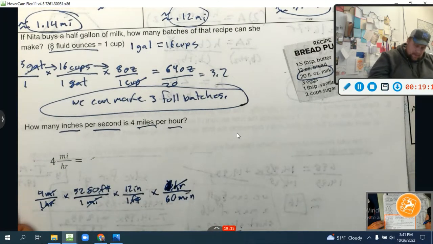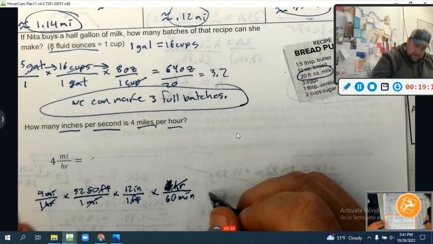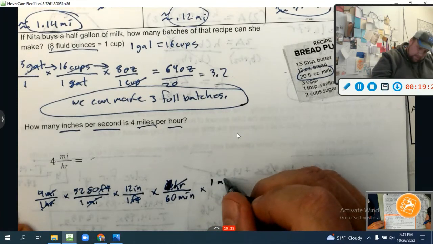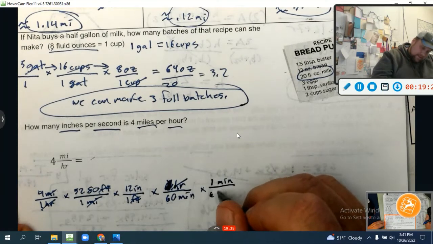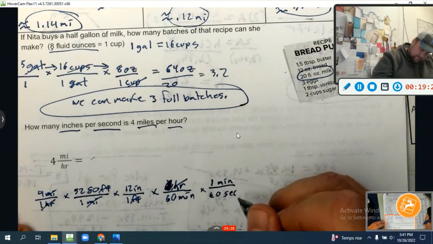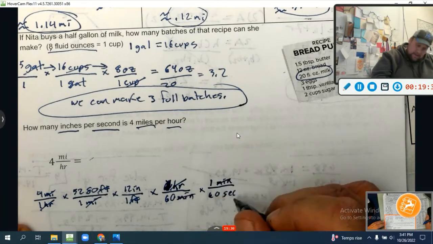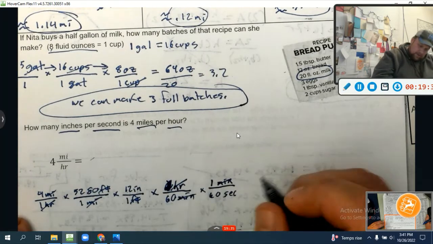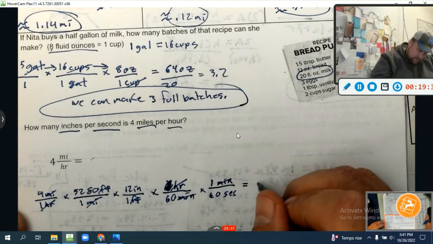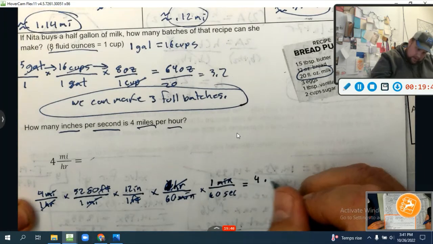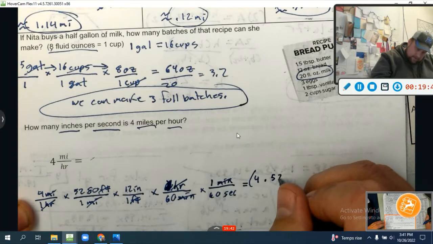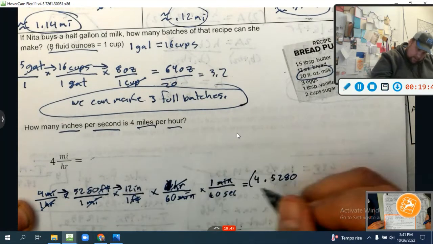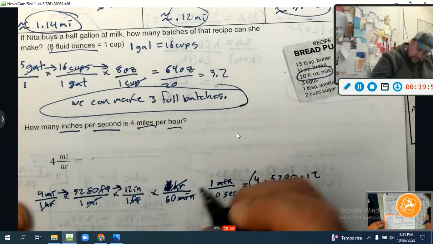I want those seconds. So now, what do I know? In 1 minute, there is 60 seconds. That minute cancels out, and now I'm left with seconds. So let's look at what we have. If I multiply this straight across, that's going to equal 4 times 5,280 times 12, and then these are each just 1 and 1, so those don't matter.